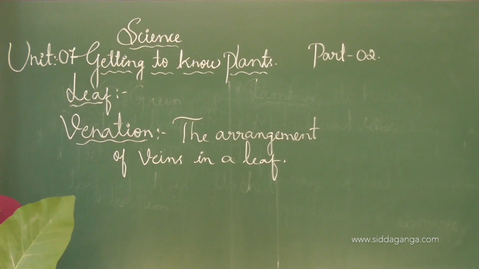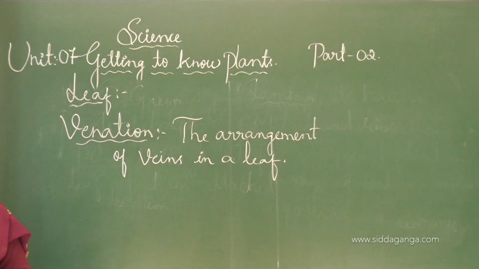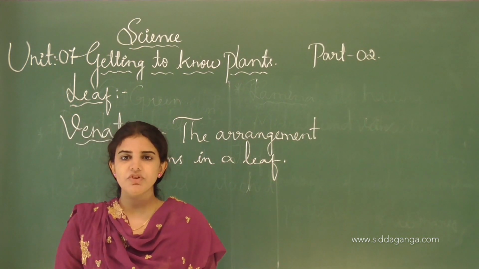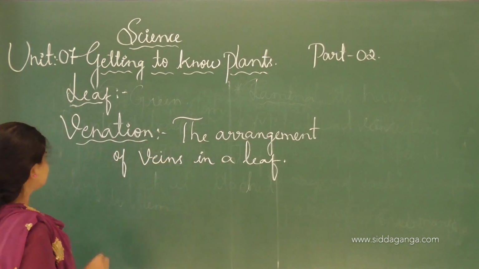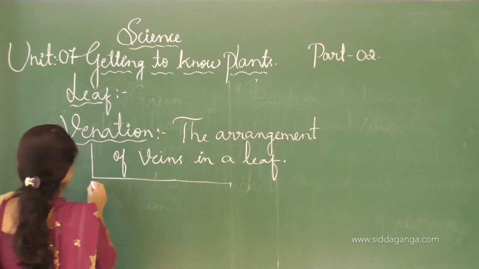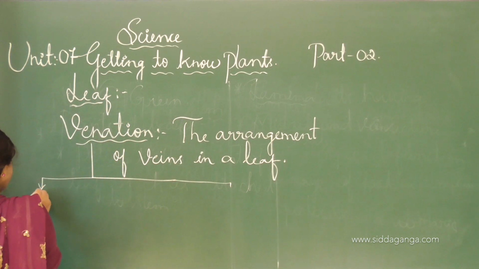The design made by the veins is also called venation. There are two types of venations. First one is the reticulate venation.